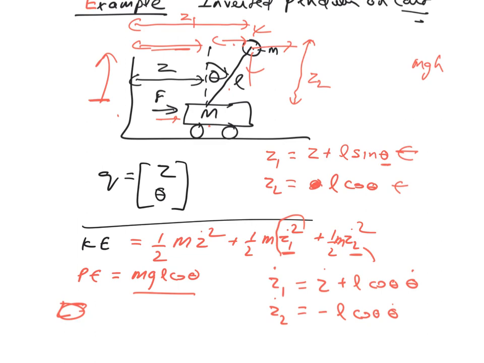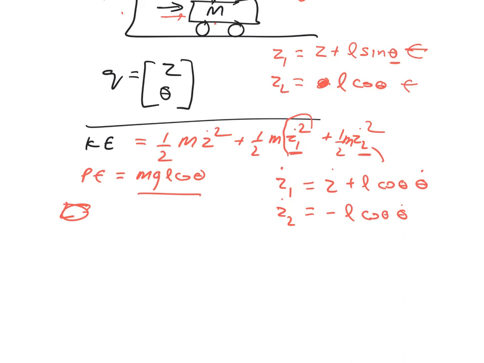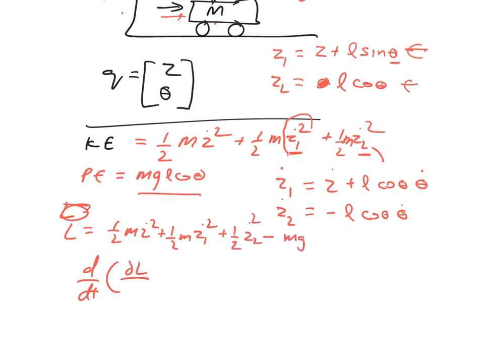Now we will have to find the first equation, which will be d by dt of the partial of L. Did I write L somewhere? My L will be half m z dot squared plus half m z1 dot squared plus half m z2 dot squared minus m g L cos theta.